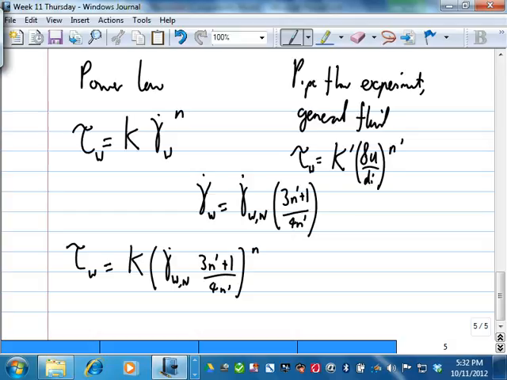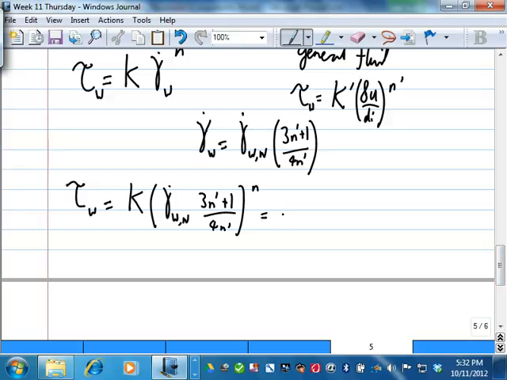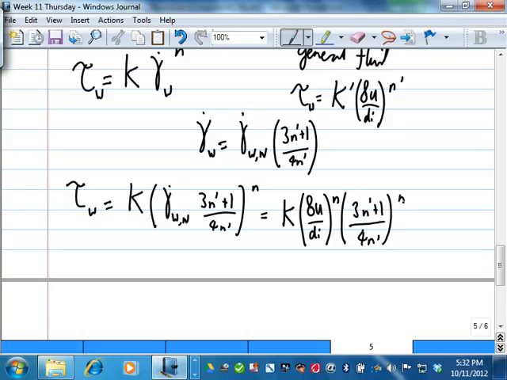So this one is equal to K, this value is 8U over Di to the n, and this value is 3n prime plus 1 over 4n prime to the n.